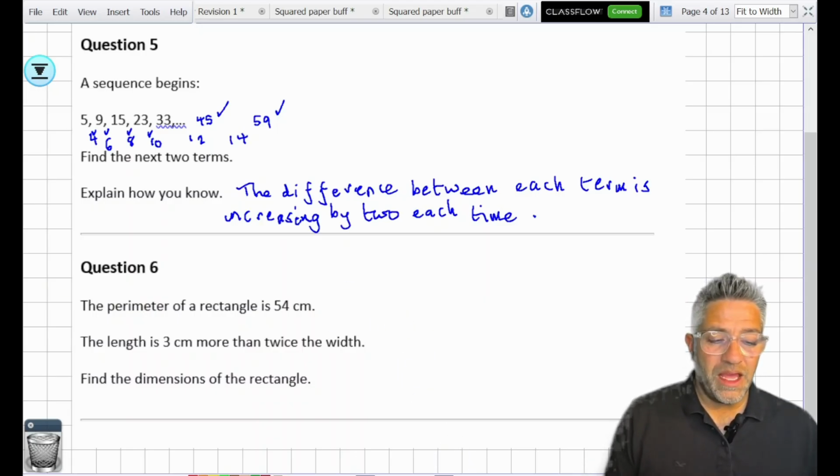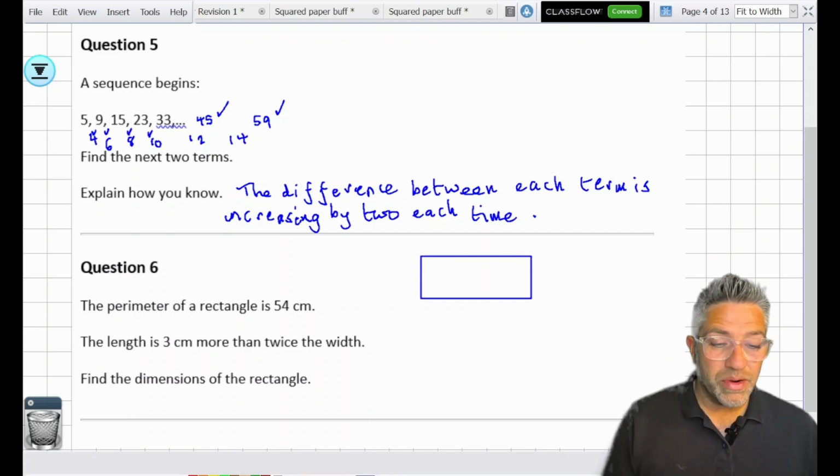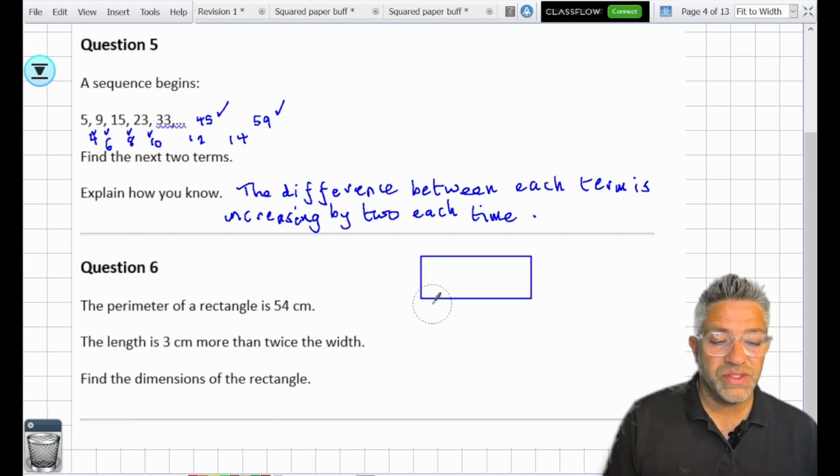Okay, the next question. The perimeter of a rectangle is, well, for a start, I'm going to start by drawing a rectangle again. The perimeter of a rectangle is 54 centimeters. The length is 3 more than twice the width. So let's call this value here x. 3 more than twice the width.